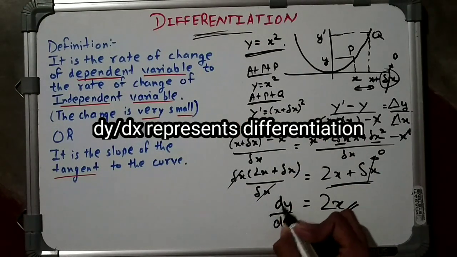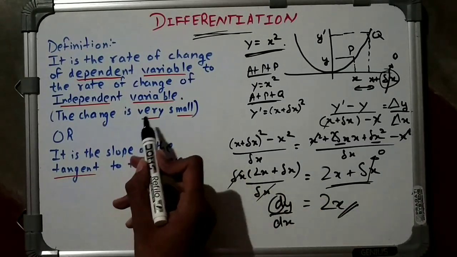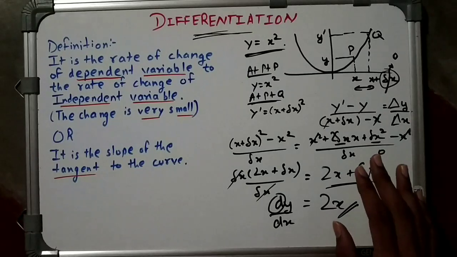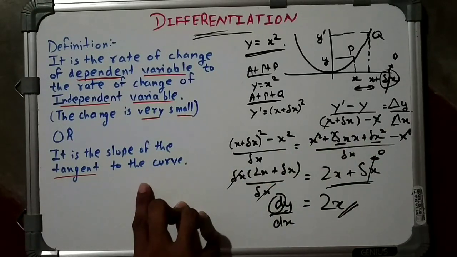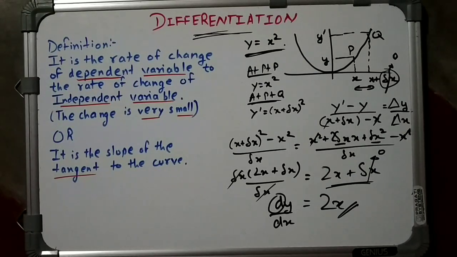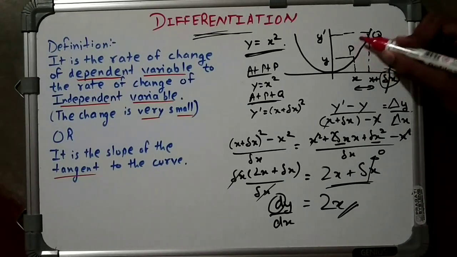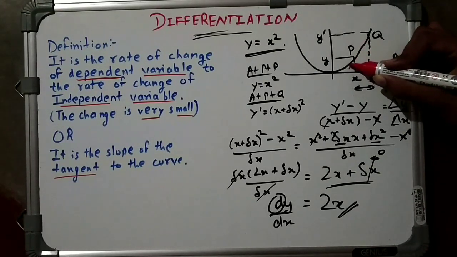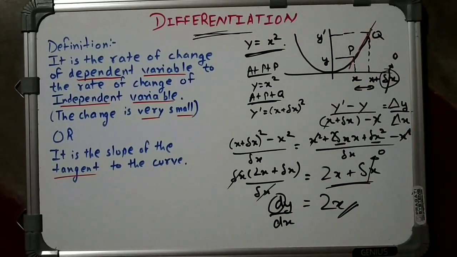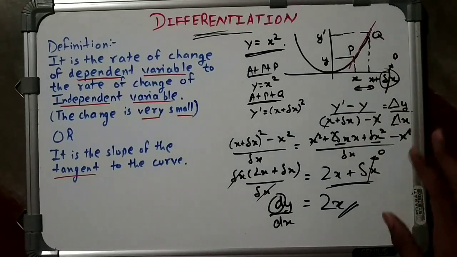Now d here represents the small change which we talked about. Okay, so now we can also understand this by the straight line or tangent concept. If we assume there's a straight line passing through point P and point Q like this, which is not very clear right now, I didn't make it good, but you can understand, right?